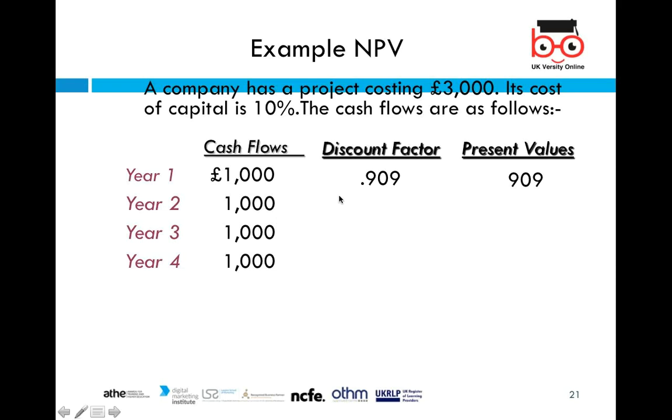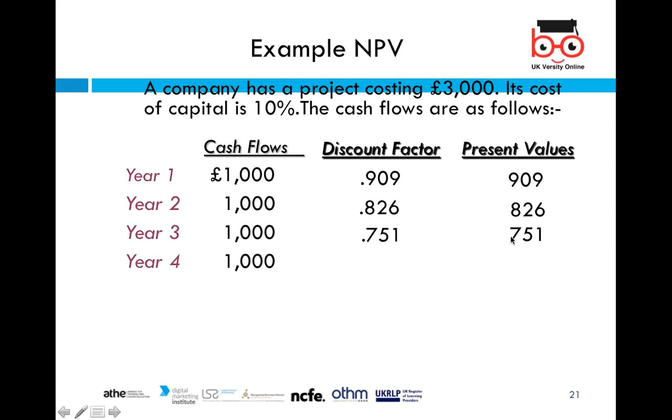So the first year is 909, because we need to multiply by the discount factor 0.909, so the present value for the 1,000 pounds would be 909 pounds. In the second year the discounting factor is 0.826, because 0.909 multiplied by 0.909 is 0.826, and that multiplied by the 1,000 pounds comes to 826.